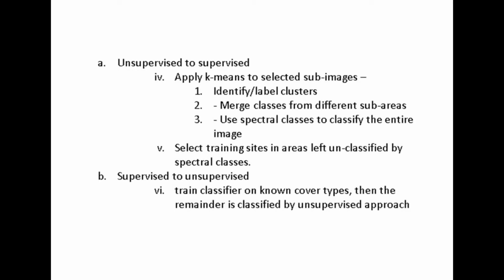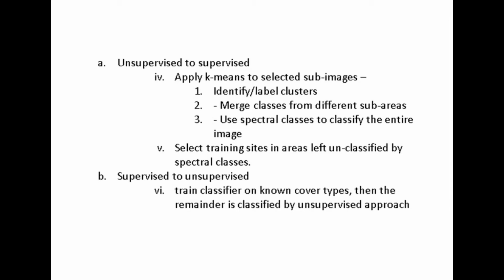So unsupervised to supervised, you might apply a k-means to selected subimages. So you want to identify label classes, and then you merge classes from different subareas, and then use spectral classes to classify the entire image. And then you want to be selecting training sites in areas left unclassified by the spectral classes.